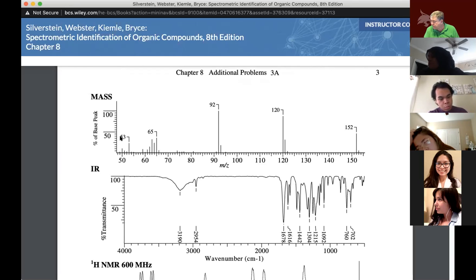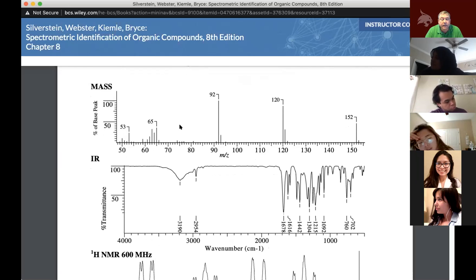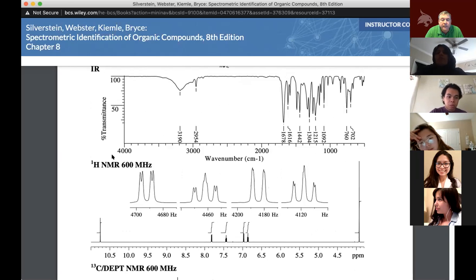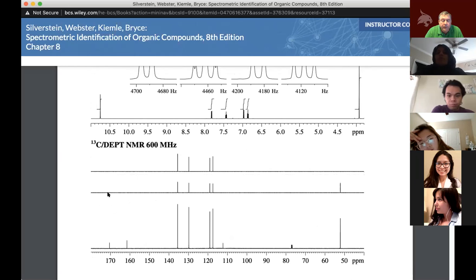Okay, so C11H20. We don't have the ratio to figure out how many carbons we have. All right, well, let's see how many carbons we have by looking at the carbon NMR. 1, 2, 3, 4, 5, 6, 7, 8 kinds of carbon.